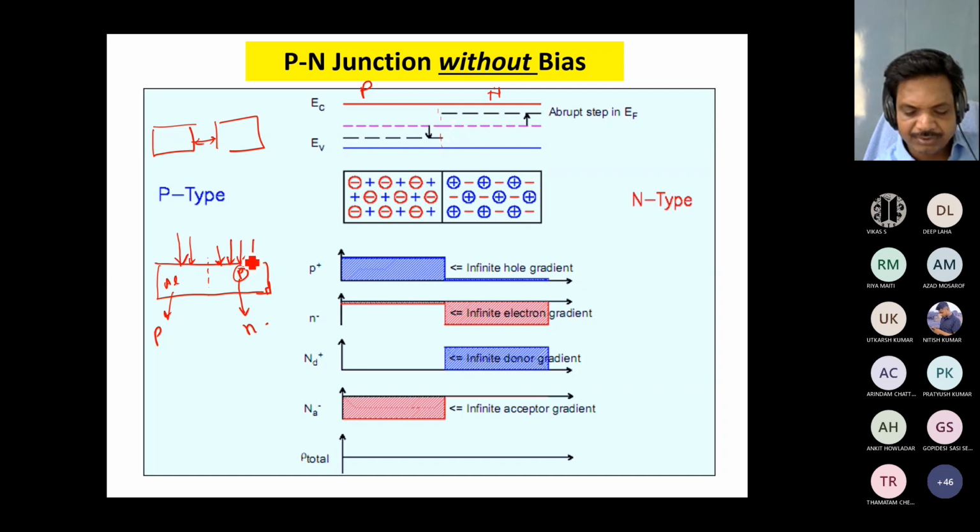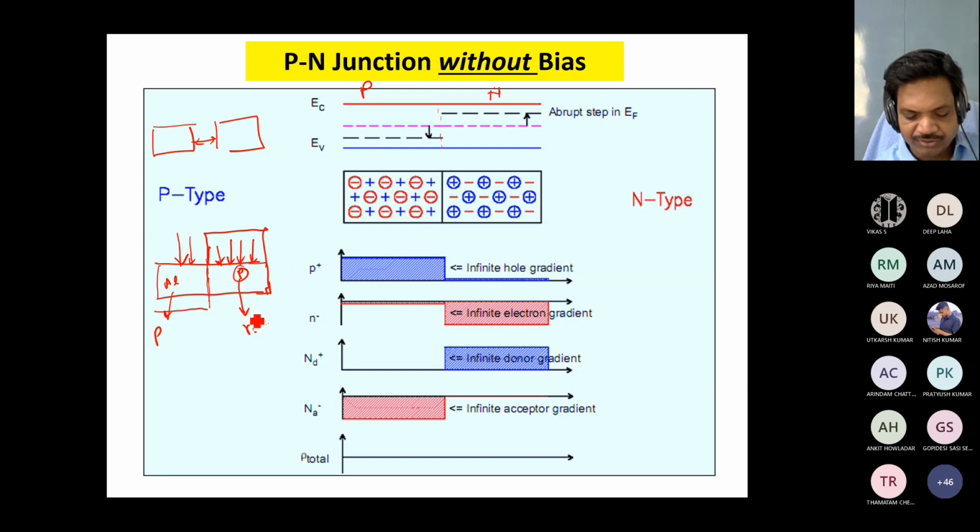This type of junction is also known as the abrupt junction. Why? Because here, if you see the doping concentration with respect to the junction, the doping concentration is one value for the p-type semiconductor, and another value, uniform in the n-type semiconductor.